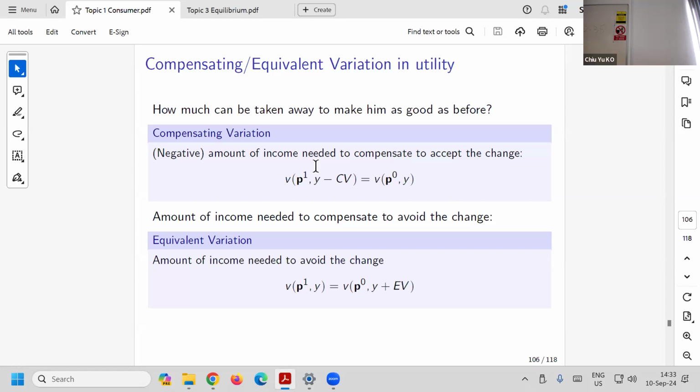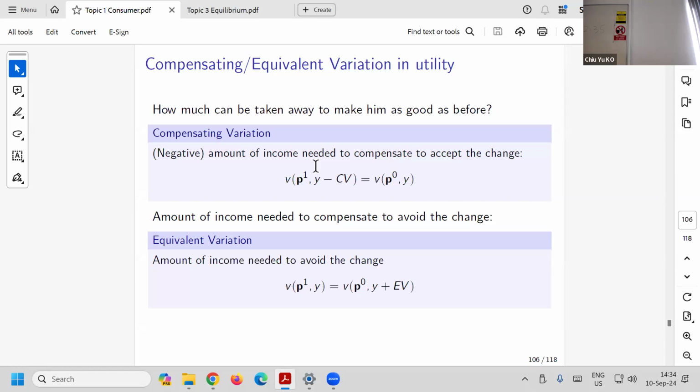Suppose the price drops, he has more money, so I take away the money that makes him the same as before. That is the compensating variation. Or if the price goes up, I have to pay him, so that's a negative amount. How much I pay him to accept the changes, that's why it's the compensating variation, to compensate, to make him the same as before.